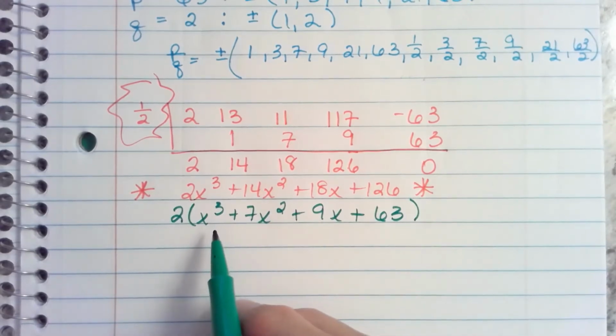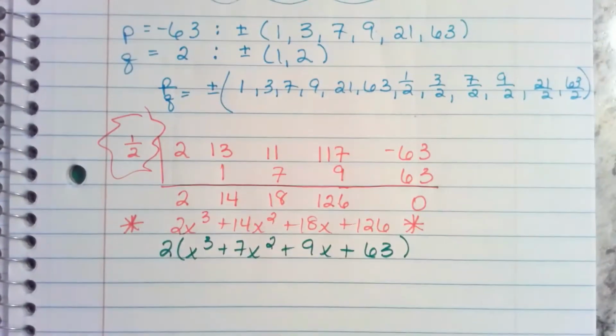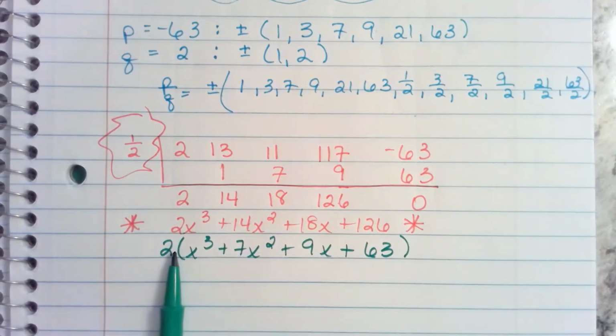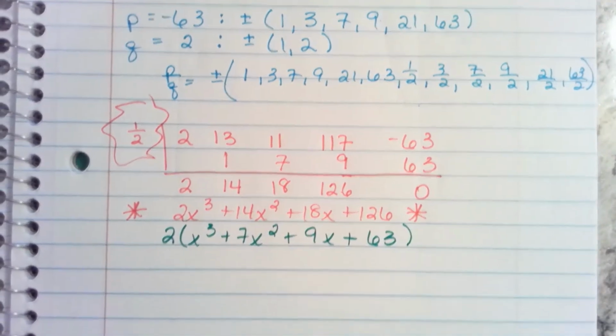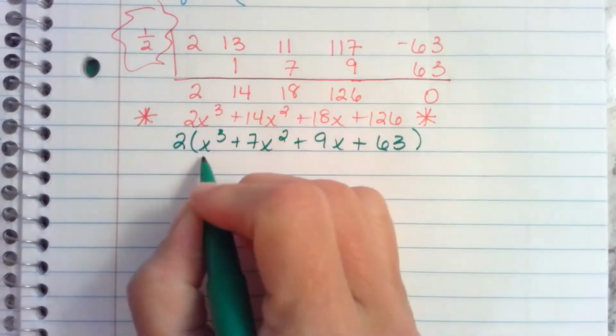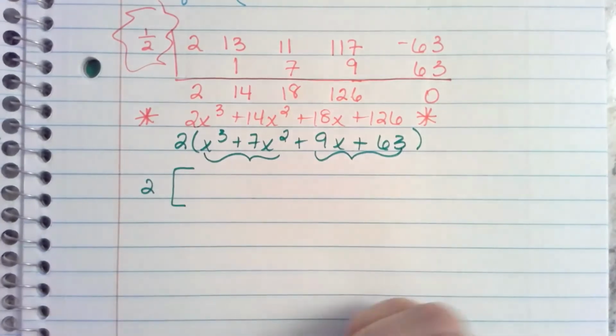If we could not factor by grouping on this part, then what we would have to do is start over with p's and q's and use these values instead of the original ones. All right. So let's factor by grouping. Don't forget about that little 2 stuck out front.